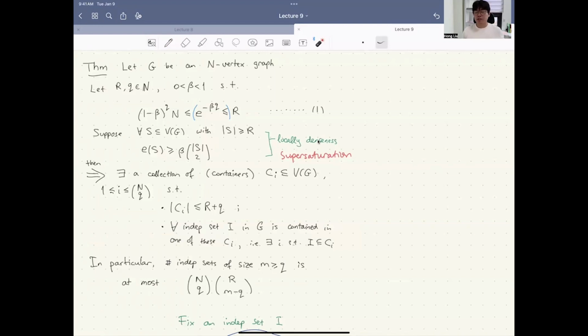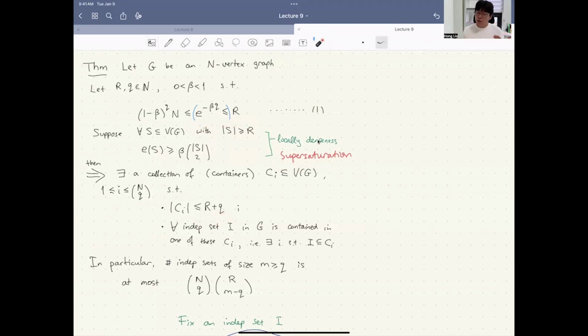For otherwise, I can just take a single container, which is the set of all vertices. Every independent set is in there. But this container is pretty much useless. It's too large. And the point is that we have some parameter which is reasonably small, as long as you have a reasonably strong locally denseness condition.